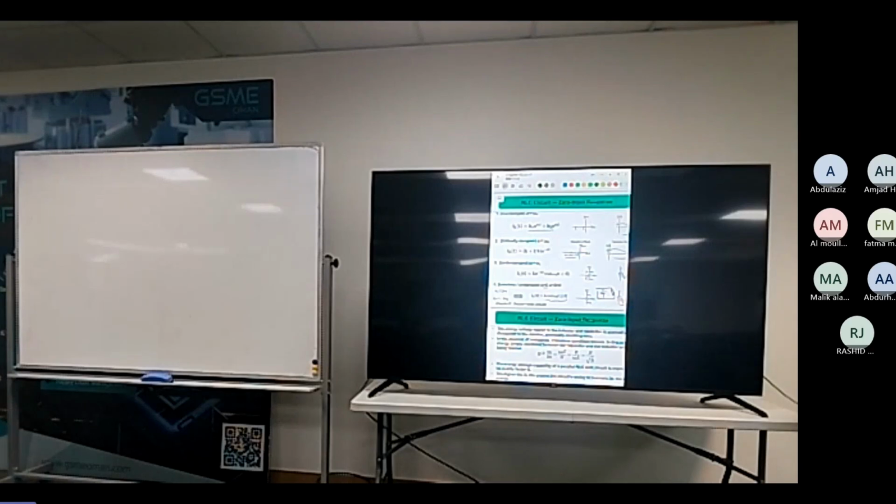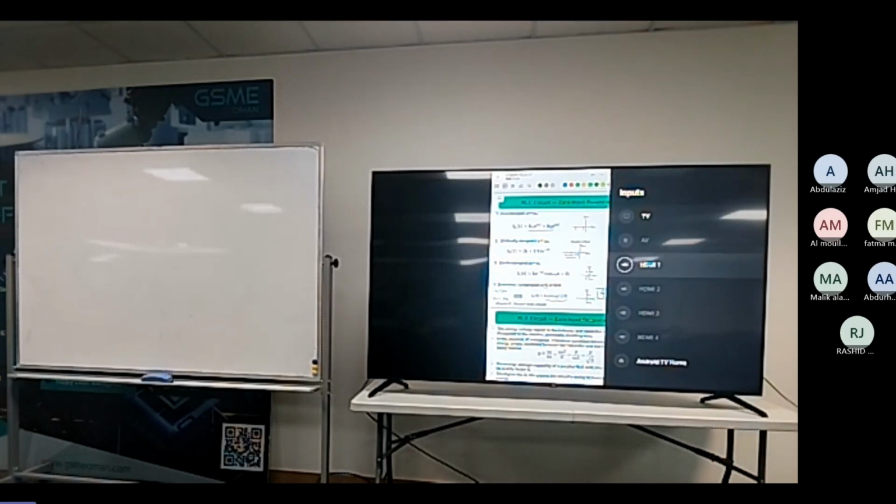Let me ask you a simple question. When is the capacitor giving energy? Because you just mentioned giving energy. Let's say, for example, we look at the voltage of the capacitor. If the voltage of the capacitor is coming down, is it giving energy, or is it when the voltage is going up?